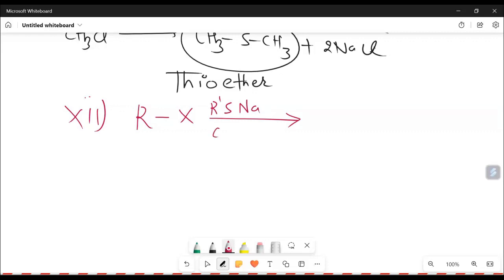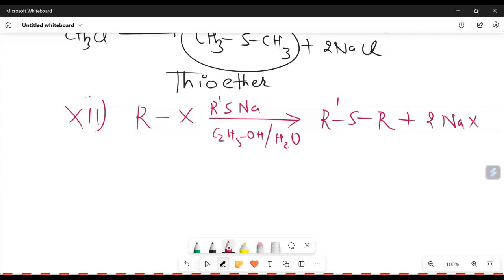This reaction must be in the presence of C2H5OH alcohol and water, and this will give R'SR plus NaX. R is the alkyl group. So this is again a good reaction.